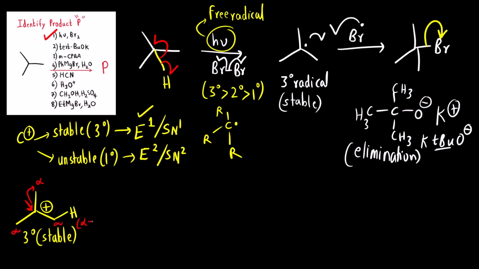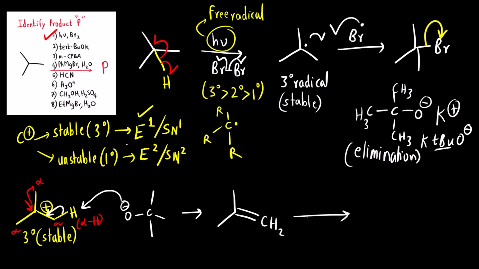So hydrogen attached to alpha carbon is alpha hydrogen. Any one of the alpha hydrogens will be abstracted by the base. There are 3 methyl groups, so this will abstract this proton, and what we will get is an alkene with a double bond to CH2. So our second step is also completed.